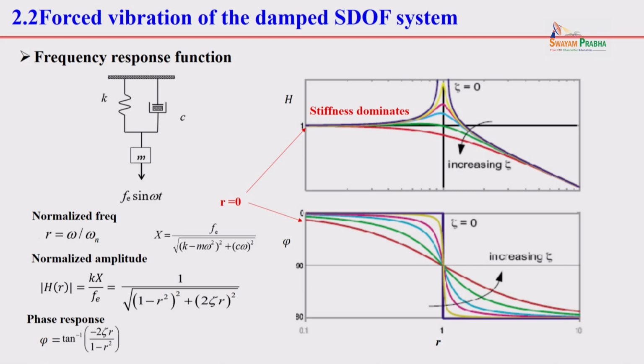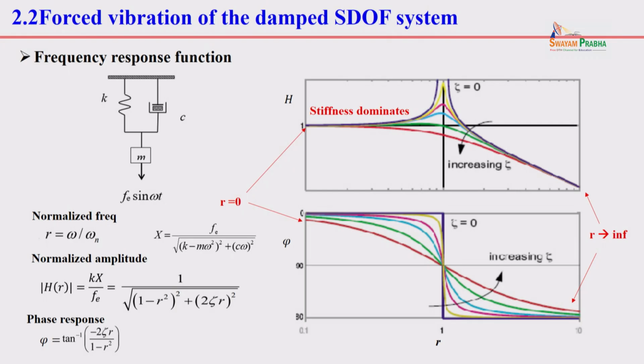Another case is very, very high frequency. If the frequency goes to infinity, which one matters? You have multiple ways to look at that, one from this response, where R is the normalized frequency. If the frequency goes to infinity, this term is power 4 and this is power 2.